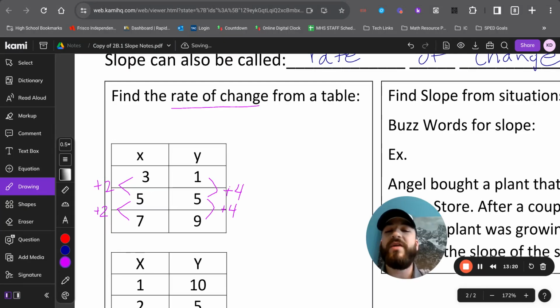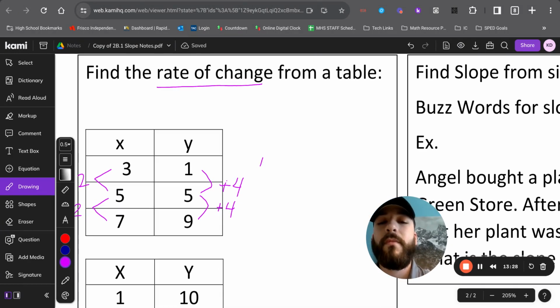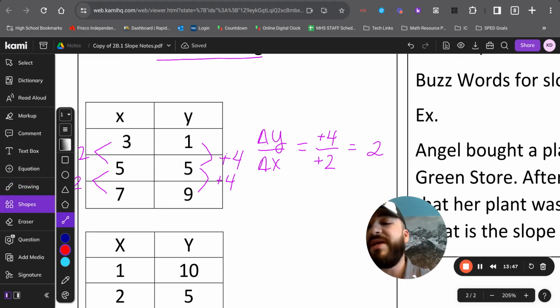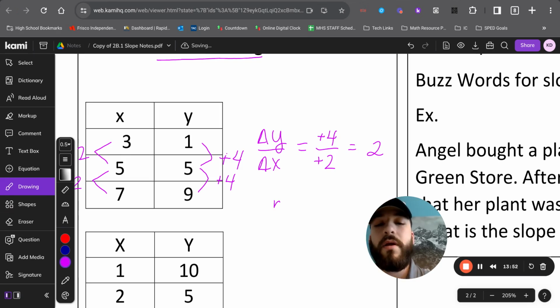And since I know it's a rate of change relationship, I can plug this straight into that change in y over change in x. Which of course we know that's rise over run or slope. So our change in y over change in x is equal to positive 4 over positive 2, which would of course simplify down to just be 2, which means our m value or our slope is equal to 2.